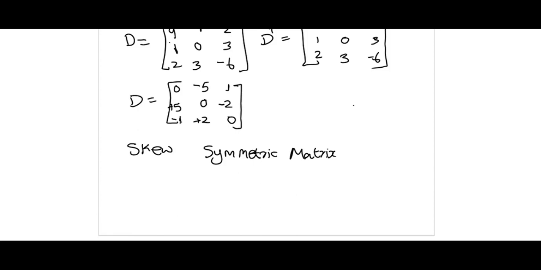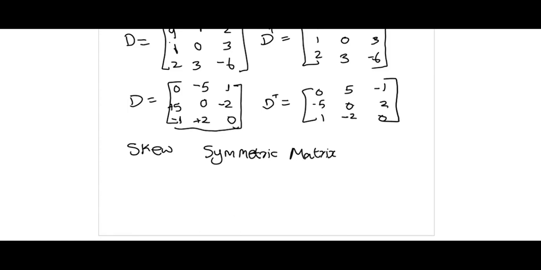I can just choose them the way I want them to be, minus, plus. So the transpose of matrix D will be 0, -5, 1, 5, 0, -2. I'm changing all these rows to column, -1, 2, and 0.